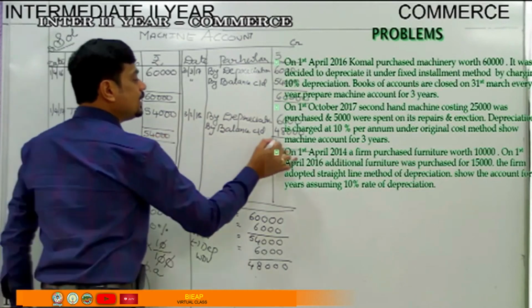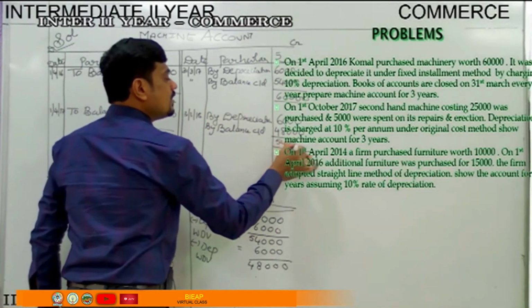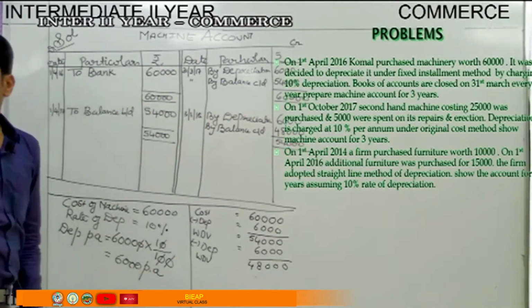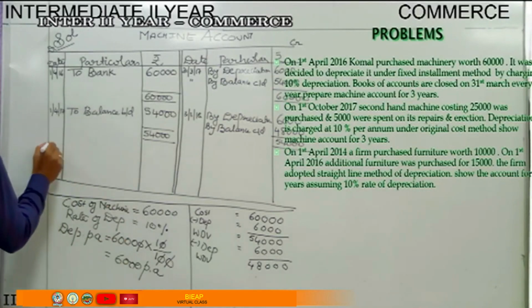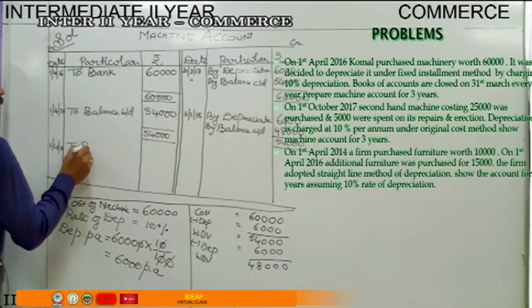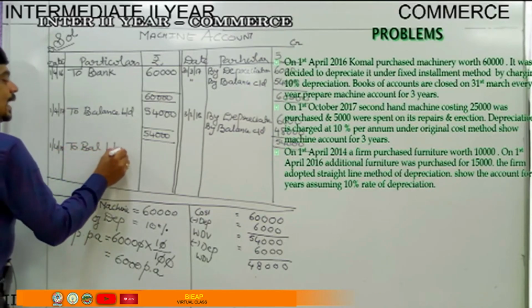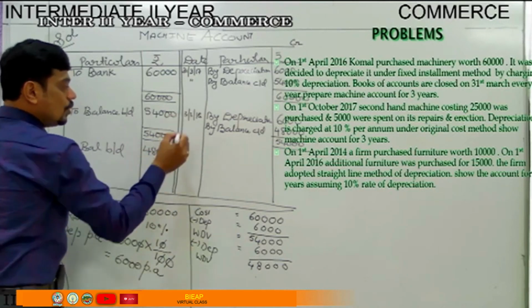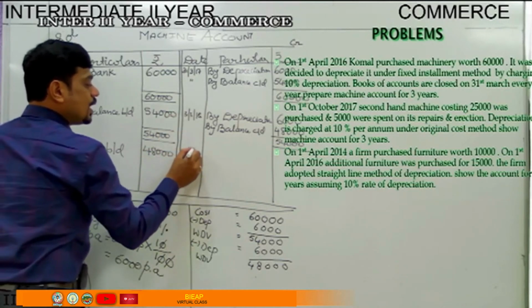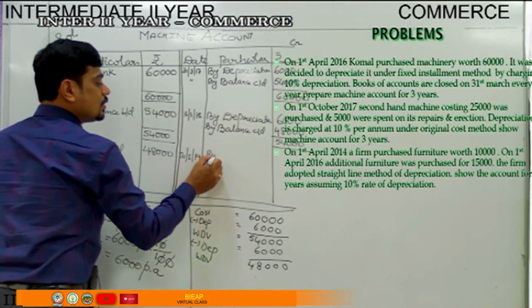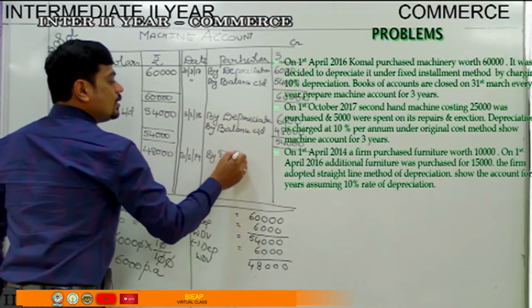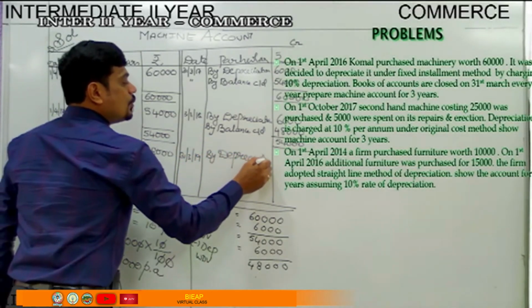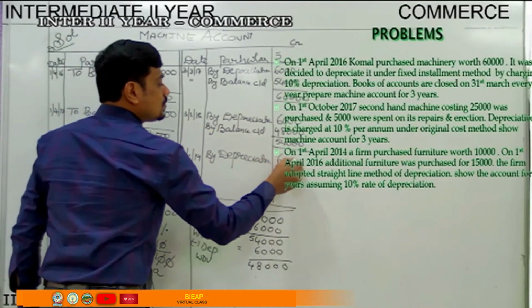How many years are completed? 2 years. They asked us to prepare for how many years? 3 years. Now we are in the third year. 1st April 2018, to balance brought down, 48,000. Again 31st March 2019, by depreciation. How much will I charge again? 6,000.